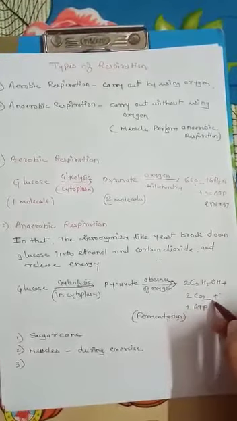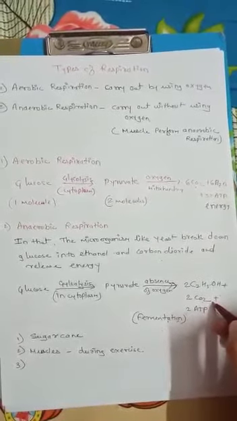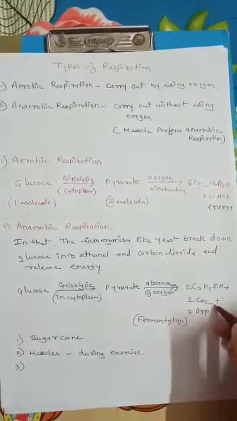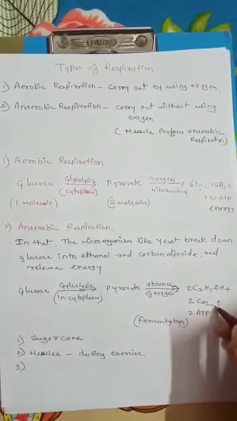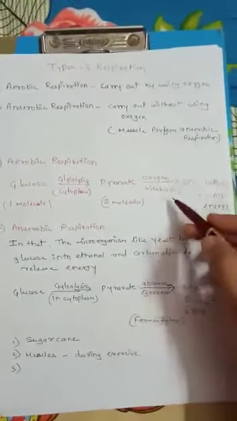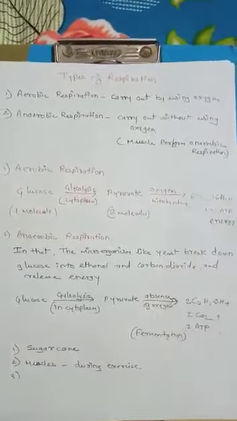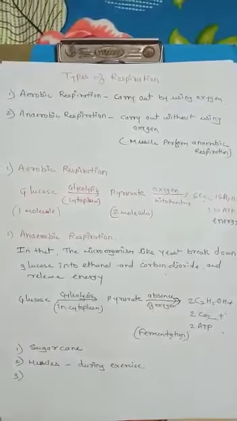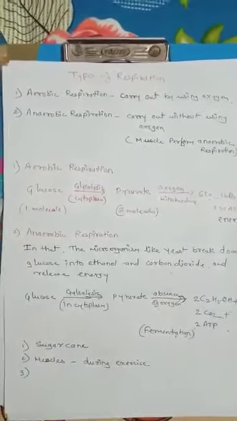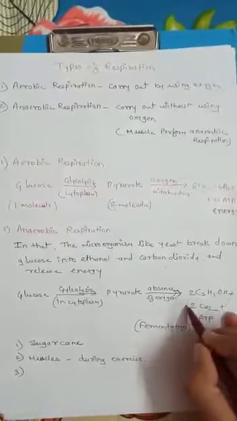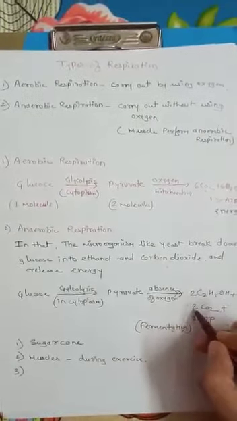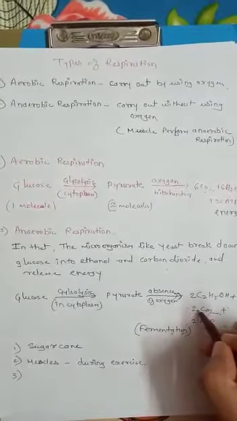Fourth point: aerobic respiration produces a considerable amount of energy, means we get lots of energy by aerobic respiration, and in anaerobic respiration much less energy is produced. Means we will not get a sufficient amount of energy by anaerobic respiration.